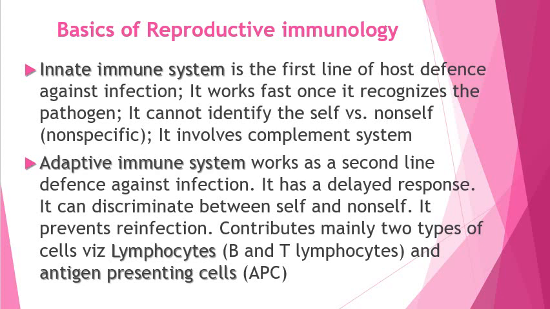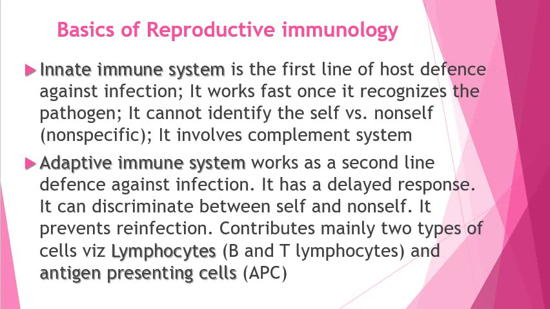The second arm of the immune system, that is the adaptive immune system, works as a second line defense against infection. This has a delayed response, contrary to the innate immune system. This can discriminate between self and non-self, and it prevents reinfection.